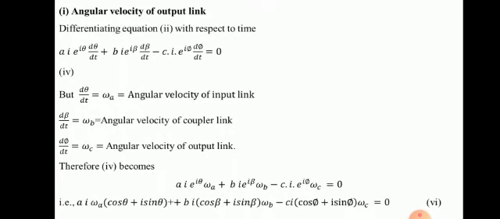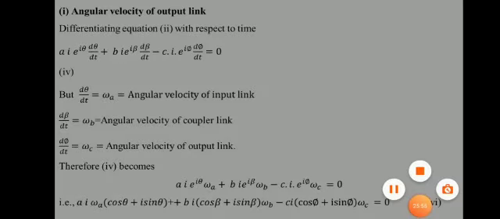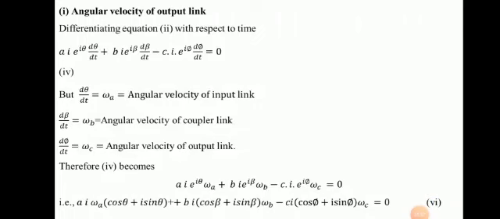Now, A·i·ωA (cos θ + i sin θ) + B·i·ωB (cos β + i sin β) − C·i·ωC (cos φ + i sin φ) = 0. This is equation number 6.